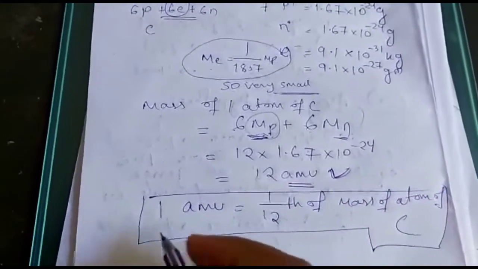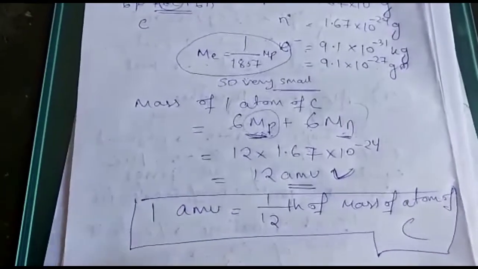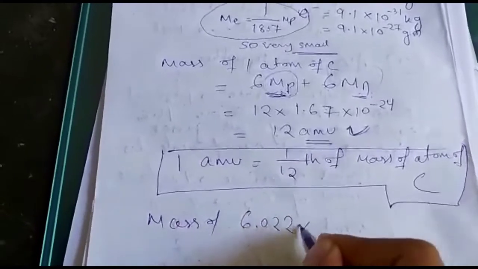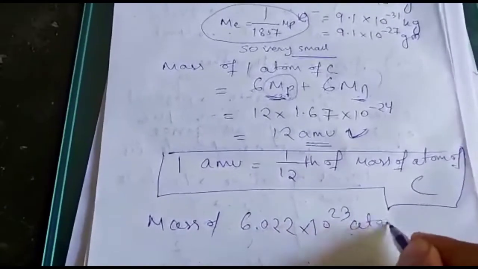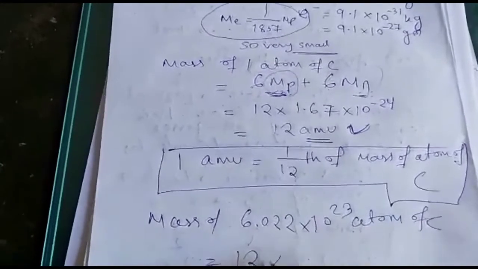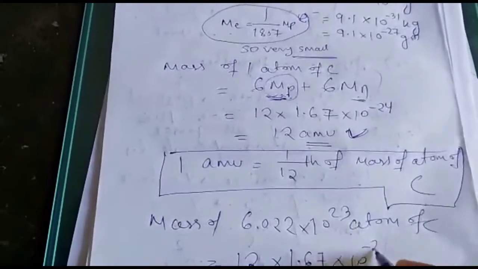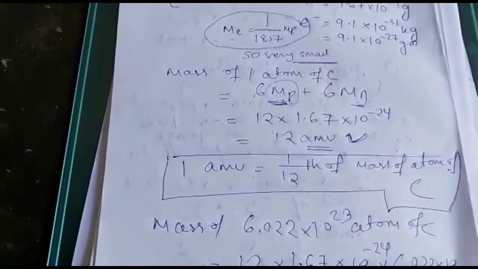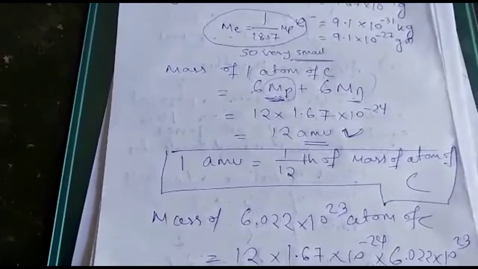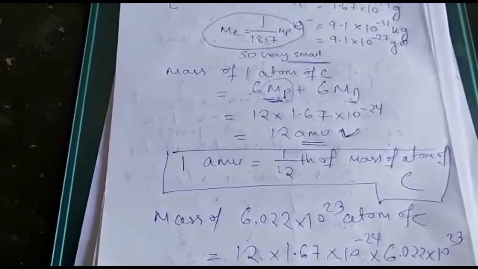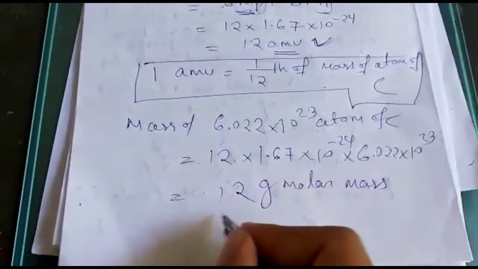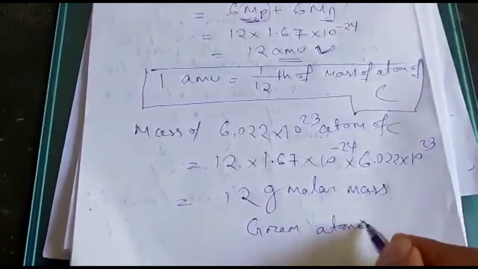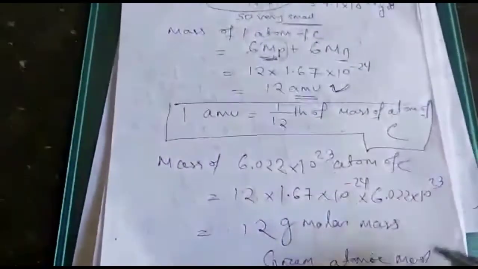So we can write the mass of 6.022 into 10 to the power 23 atoms of carbon is 12 into 1.67 into 10 to the power minus 24 into the Avogadro's number 6.022 into 10 to the power 23. It will be 12 gram molar mass, or you can write gram atomic mass. So this is the mole concept.